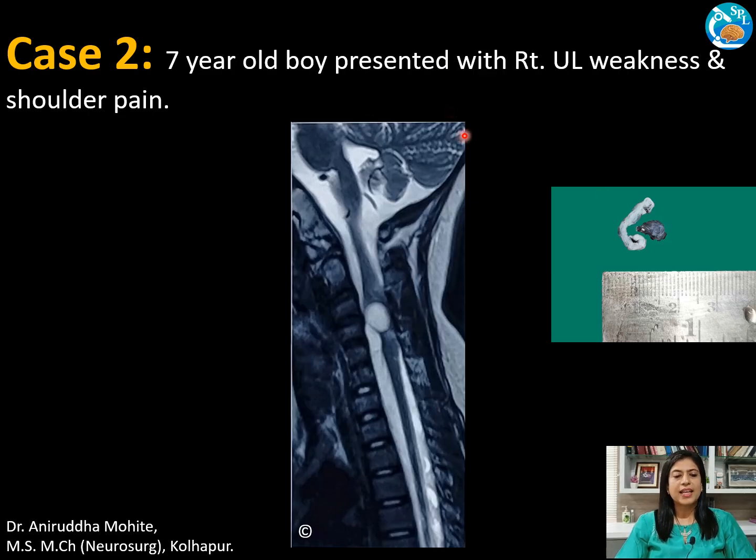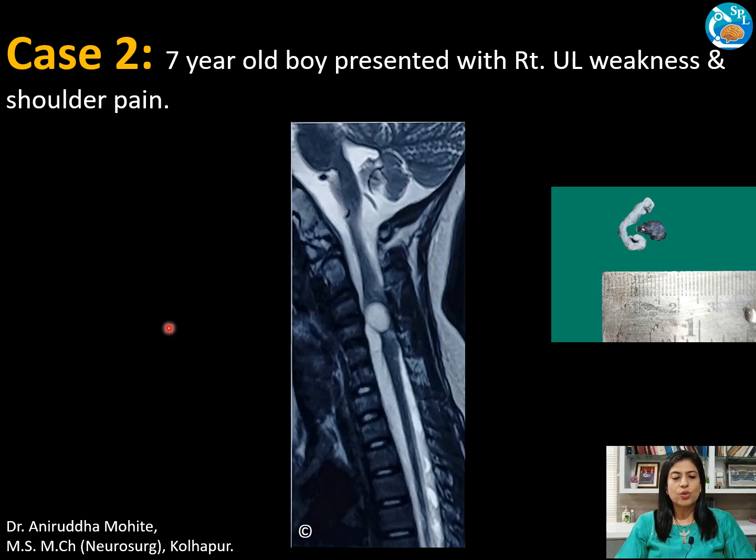Now this is the second case of a 7-year-old boy who presented with right upper limb weakness and shoulder pain. The MRI revealed a well-defined lobulated oval intradural and extramedullary eccentric cystic lesion in the right anterolateral aspect of the cervical cord at the level of C3 extending up to C5 that approximately measured 2.8 into 1.9 into 1.2 centimeters.